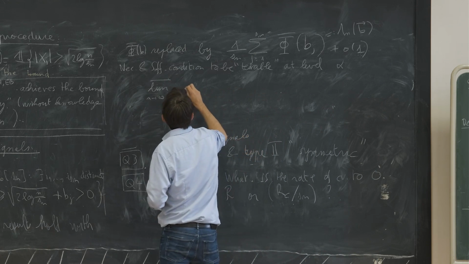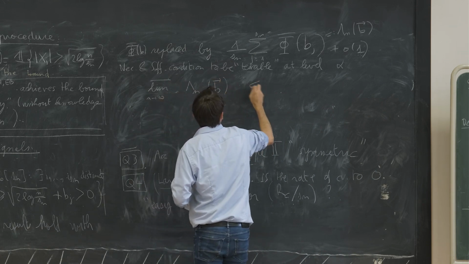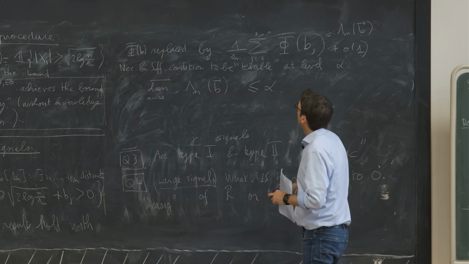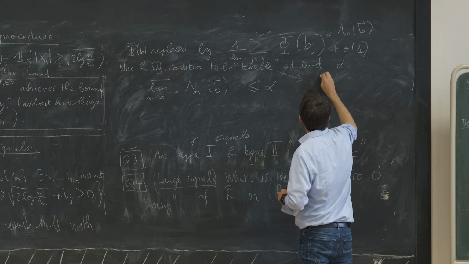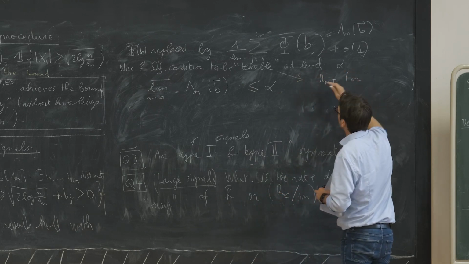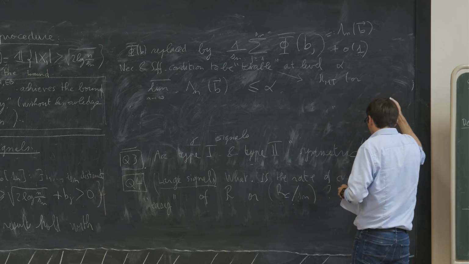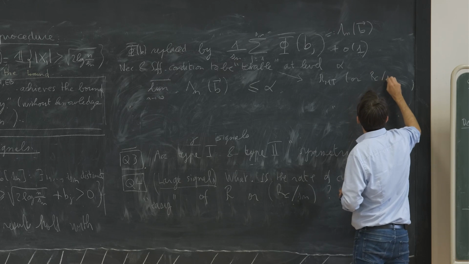So if the lim sup of lambda n of b is at most alpha. Okay, so when I say testable here, it is for the multiple testing risk, or that it's classifiable with the renormalization by Sn, Rc divided by Sn.